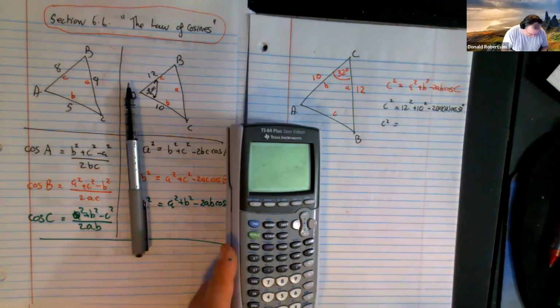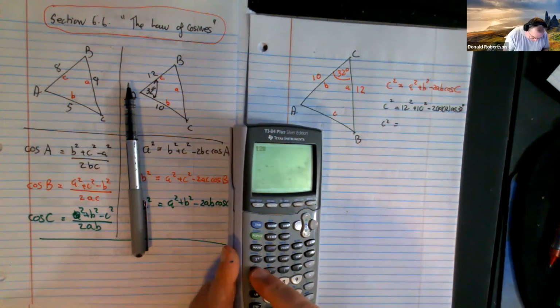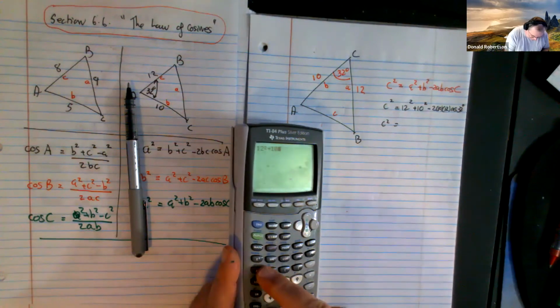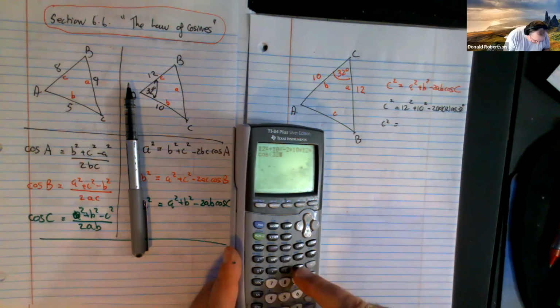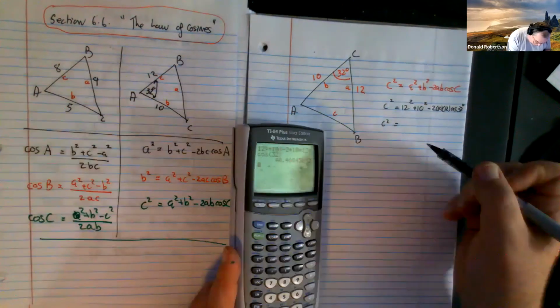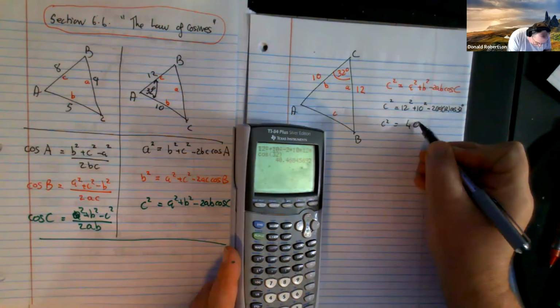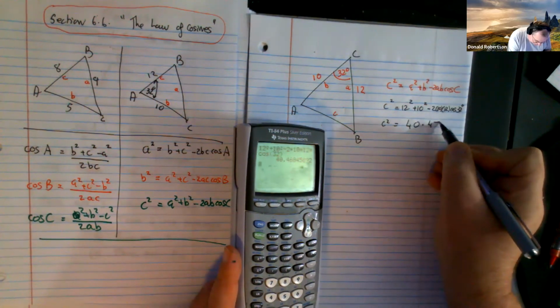So it's 12 squared, add 10 squared, subtract 2 times 10 times 12 times the cosine of 32. And the answer, at least the number we're going to use, is that guy.